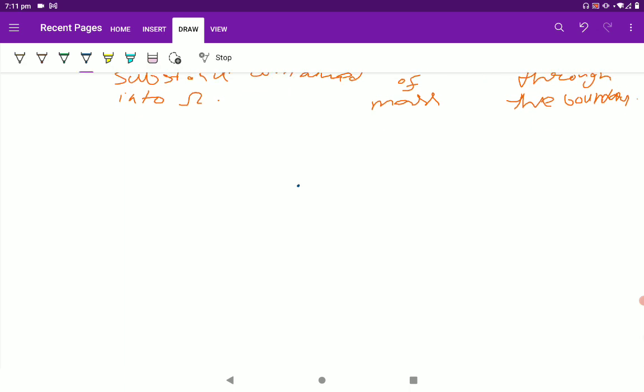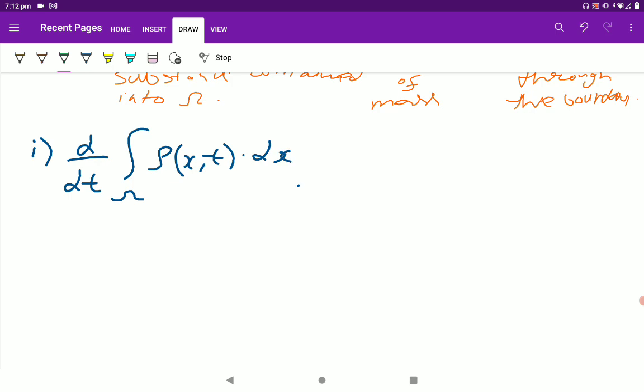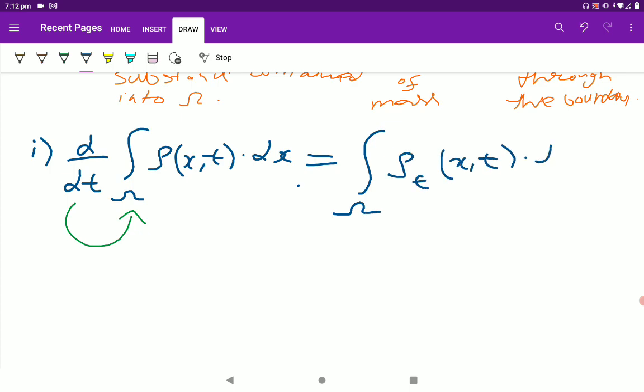Let's do the manipulation. First, in the above expression, the integral of rho(x,t) dx, we have to bring the derivative inside the integral, and we get the expression rho_t(x,t) dx.